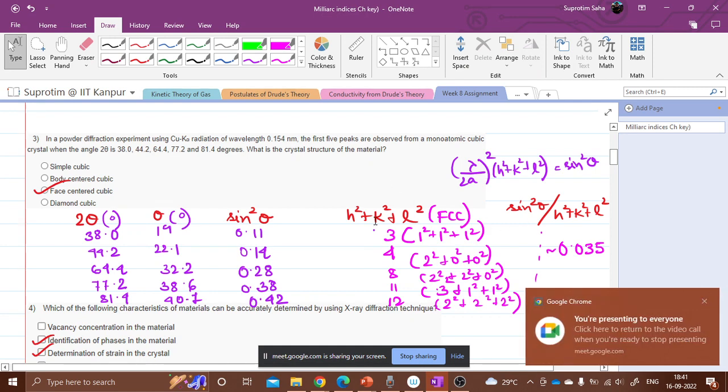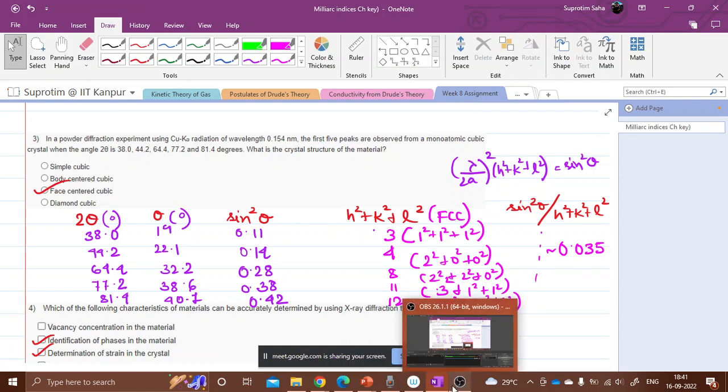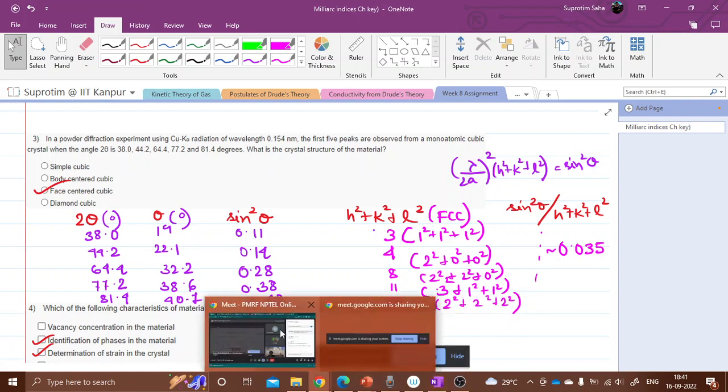Third question. See, as you know, for simple cubic, all HKL are allowed. Is that right? Let me ask you.